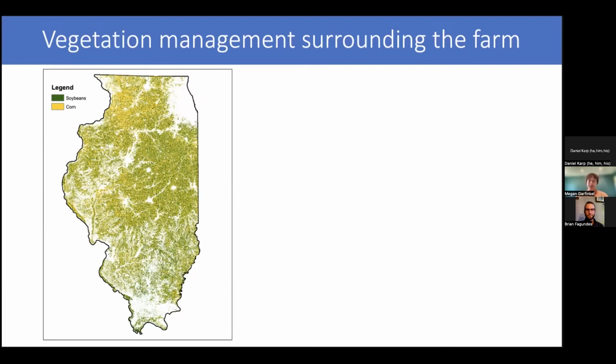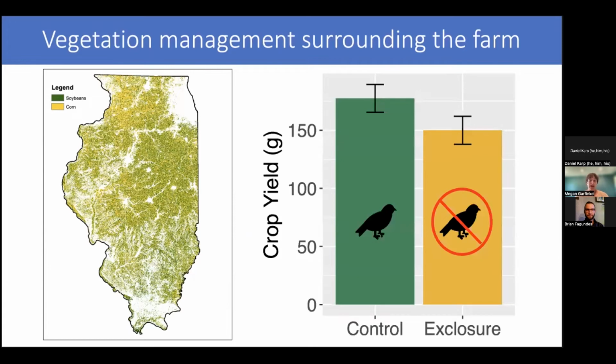So they were accessible to birds. And what I found was in this field that was next to a natural prairie, we had a higher crop yield, so significantly higher crop yield in the corn plants that birds were able to access. And the exclosure crops, so the ones that birds could not get to, had a lower crop yield.